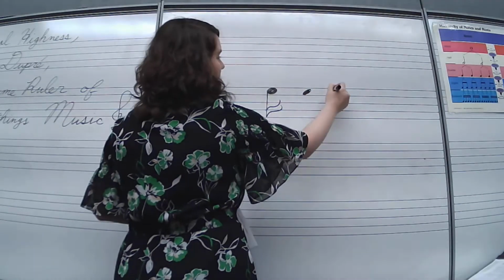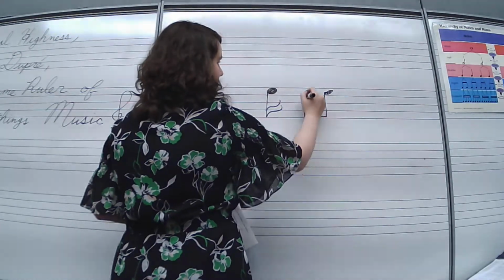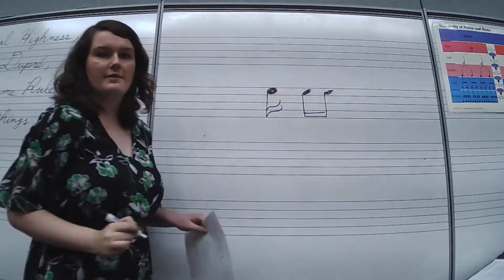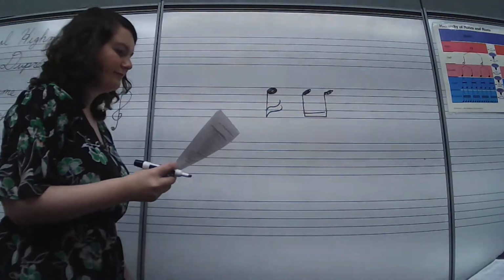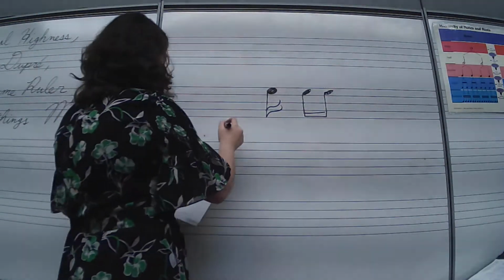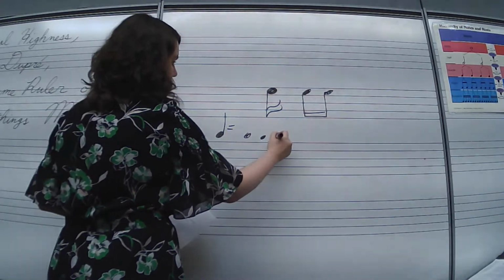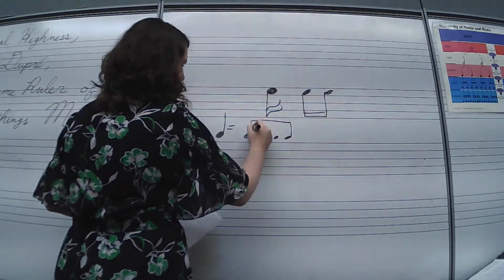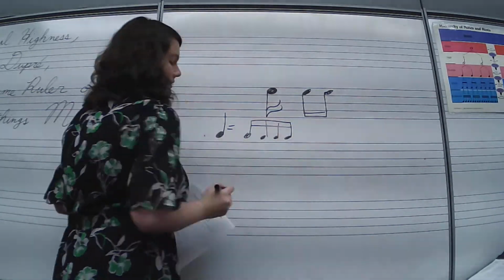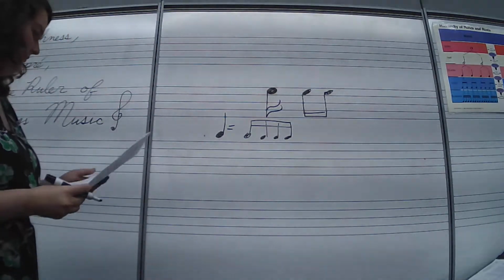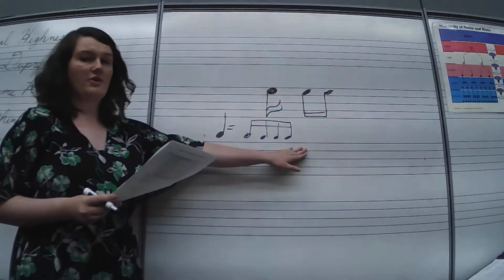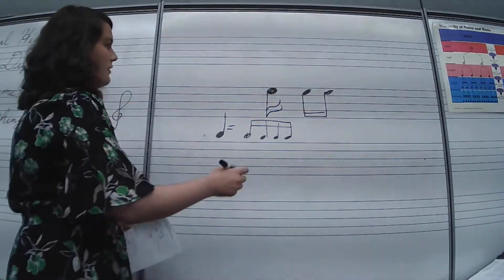It can be written like that or like that. Either way works. A quarter note equals 4 16th notes. You have to smash all 4 into 1 beat, so that's a quarter of a beat.